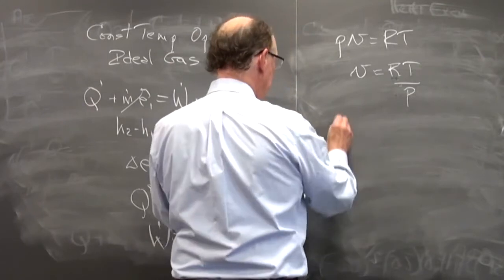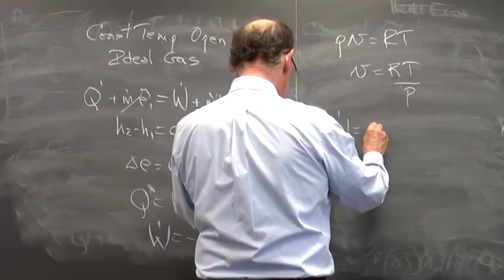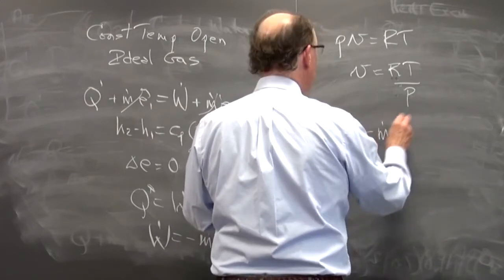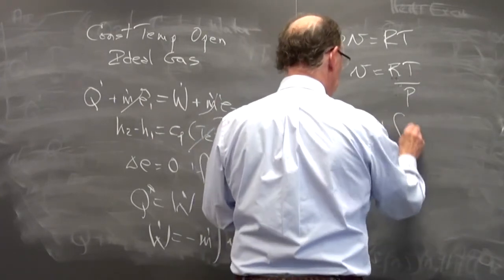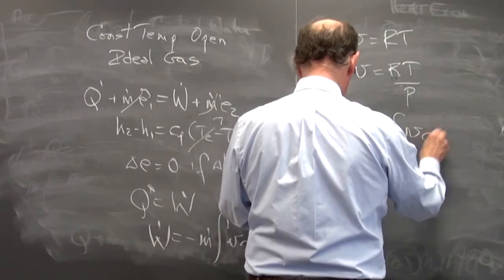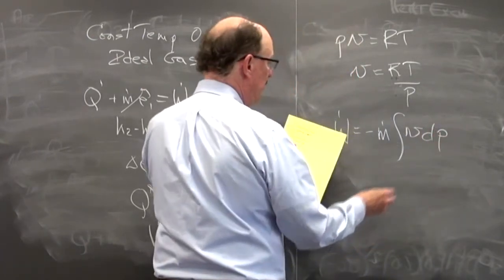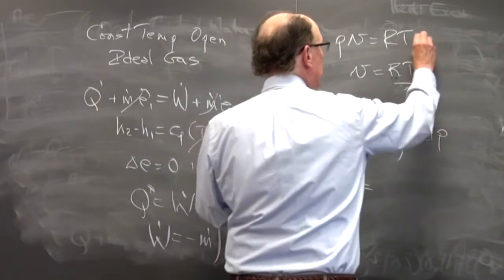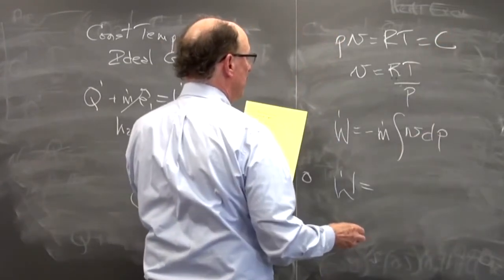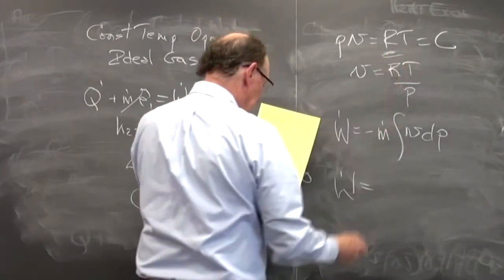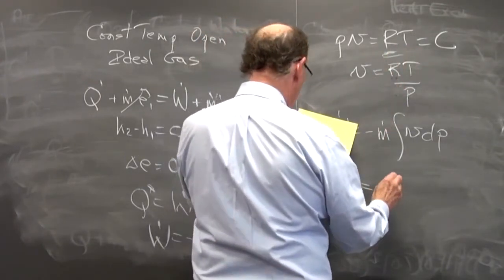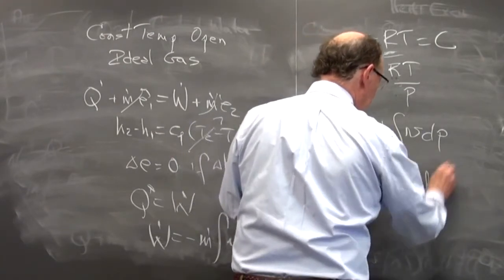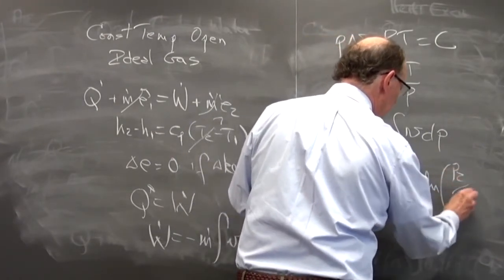And so we have W dot is equal to minus m dot times the integral of VdP. If I substitute these in, this term is a constant, and I have that the power is equal to m dot C times the log of P2 over P1.